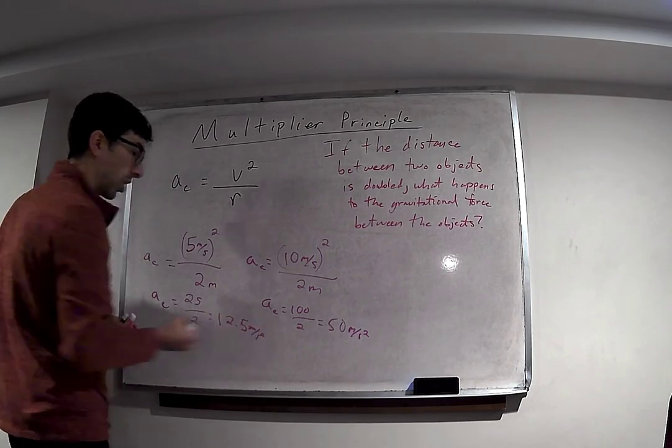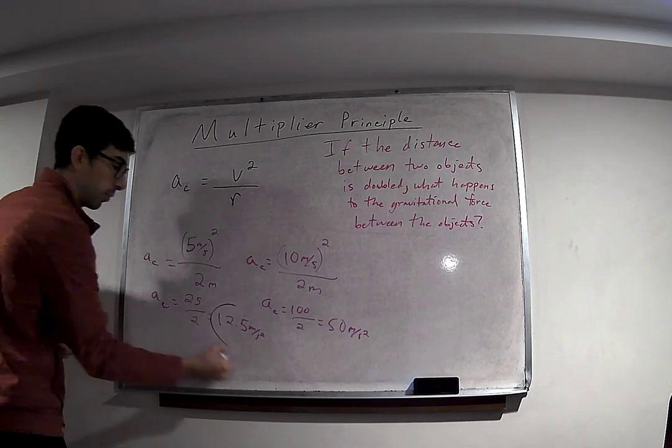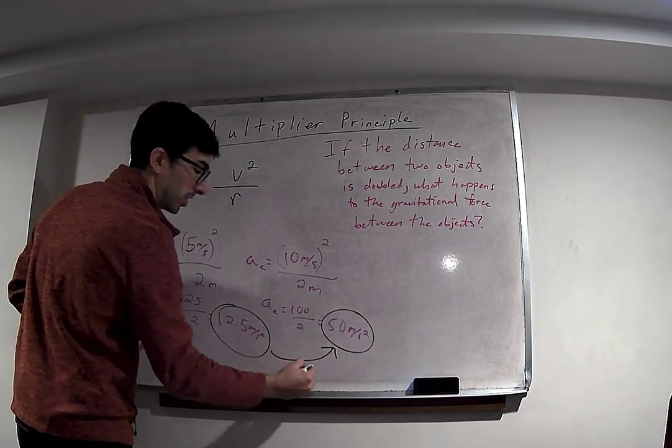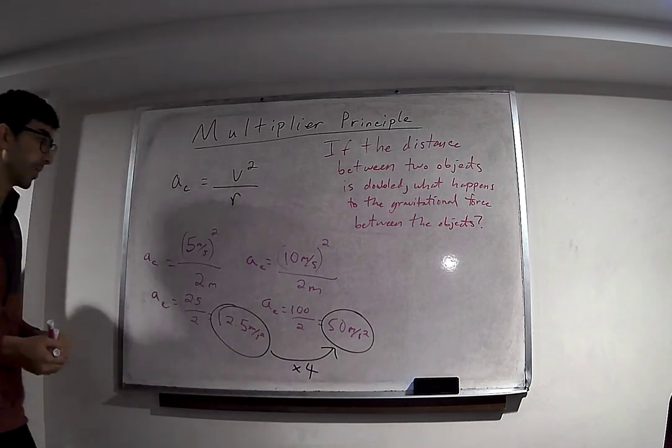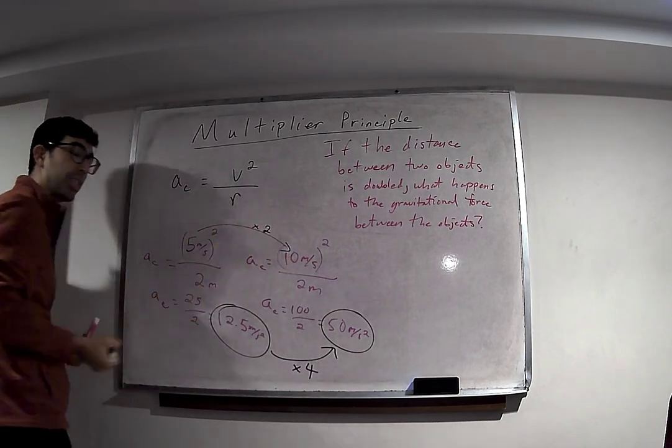So what happened to our acceleration when we doubled our velocity? It went from 12.5 to 50. So our acceleration was multiplied by 4, even though all we did to our velocity was multiply it by 2.